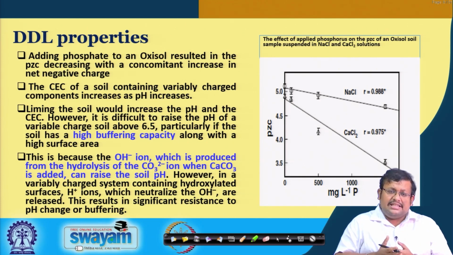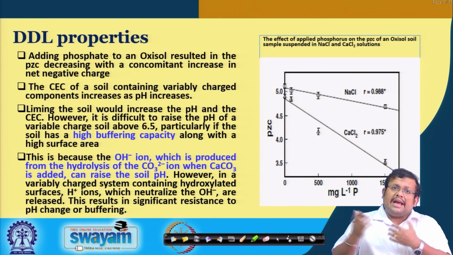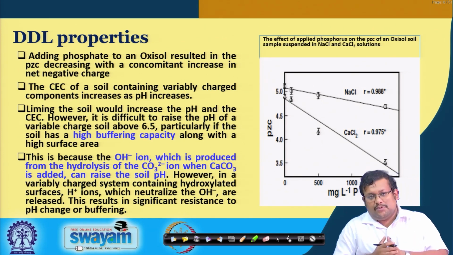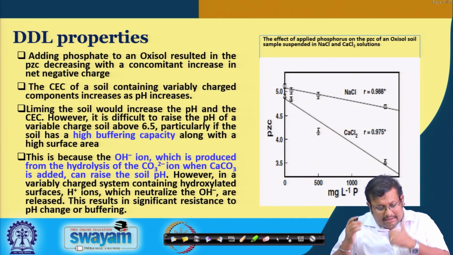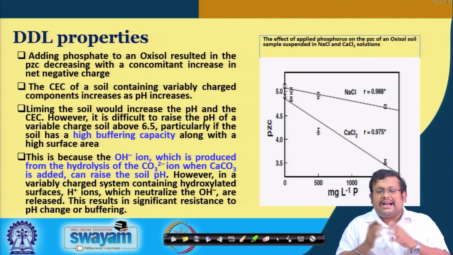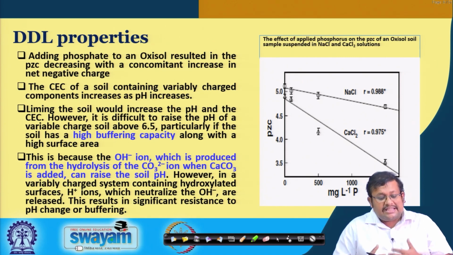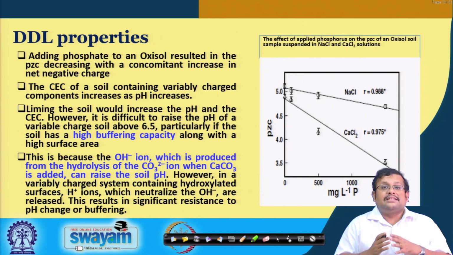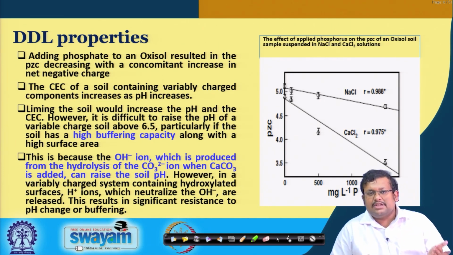So, this variable charge surface will attract these negatively charged phosphate ions, and these basically increase the cation exchange capacity. So, the CEC of a soil containing variably charged components increases as pH increases, as we have seen.